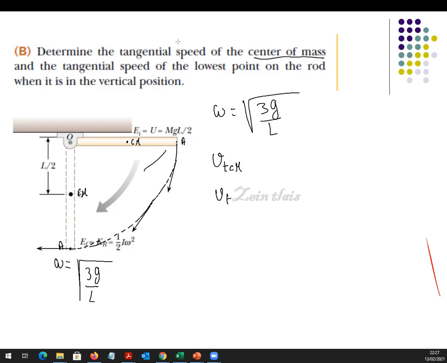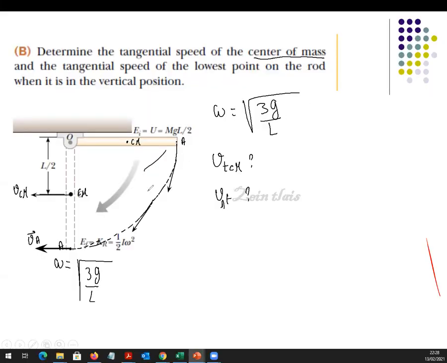I need to calculate V at the lowest point in the vertical position, I mean at this position. We have to find V of A. And also at this position, I need to find VCM, VCM and VA.